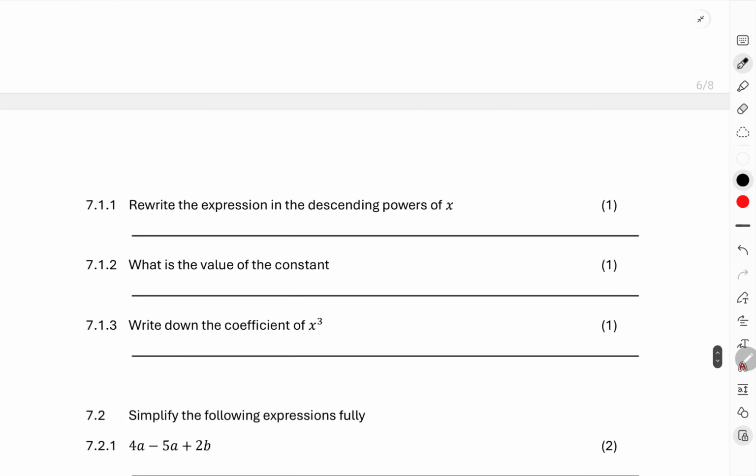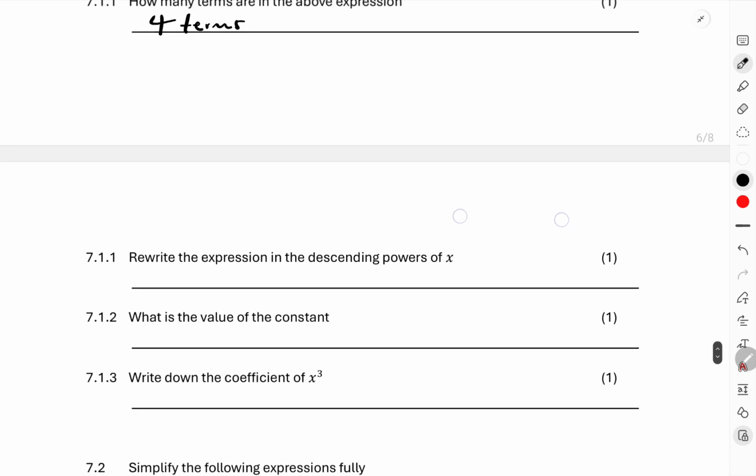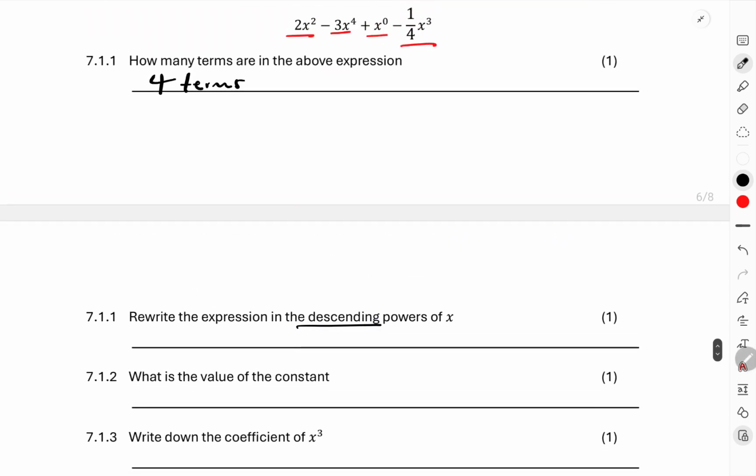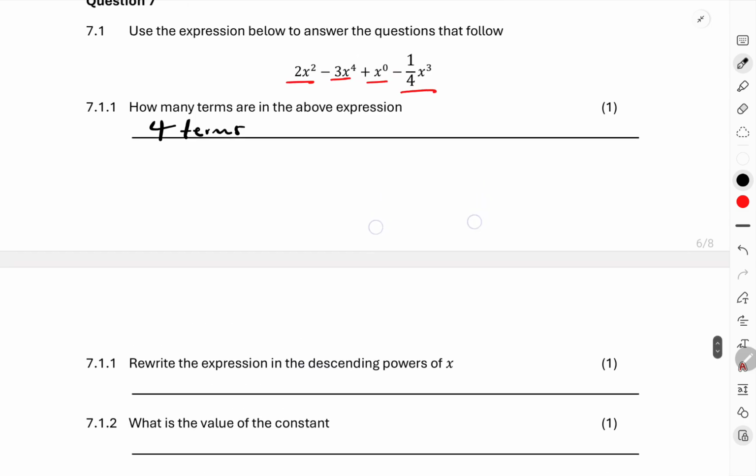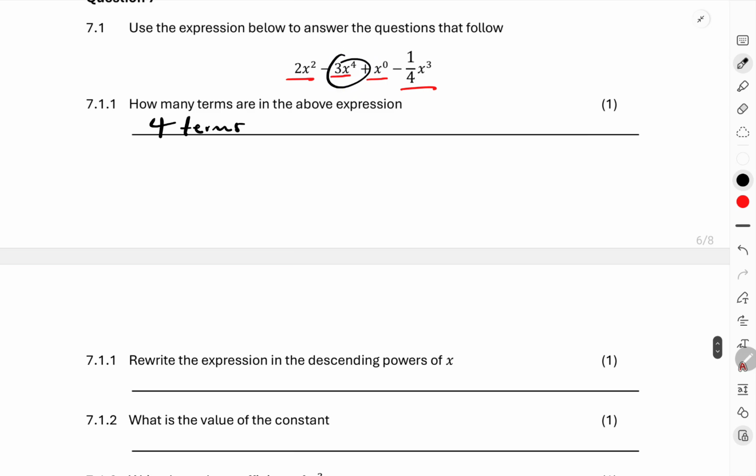Then we have: rewrite the expression in the descending powers of x. Descending meaning from the highest power of x to the smallest power of x. It means the highest power of x here is this part, negative 3x to the power 4. From the descending power of x, I'll have negative 3x to the power 4.